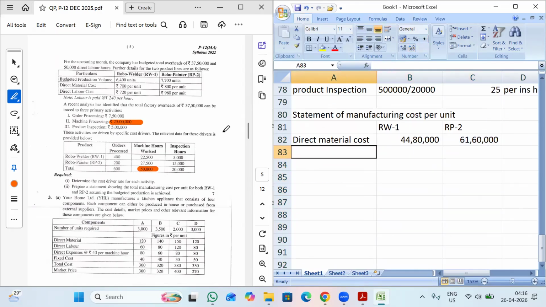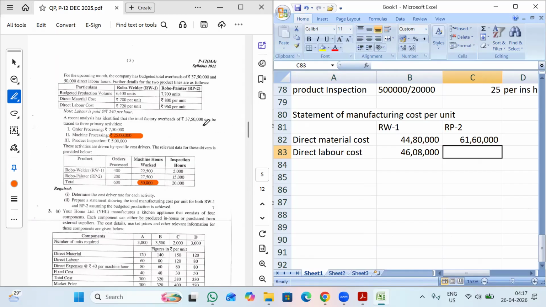Then direct labor cost. So here we are having 720 per unit. That is 6,400 into 720 per unit. So 46 lakh 8,000. And 7,700 into 960 per unit.